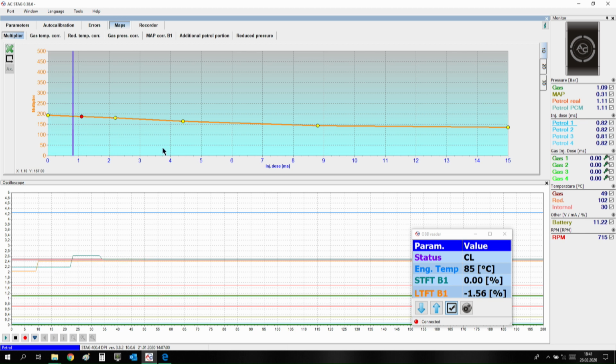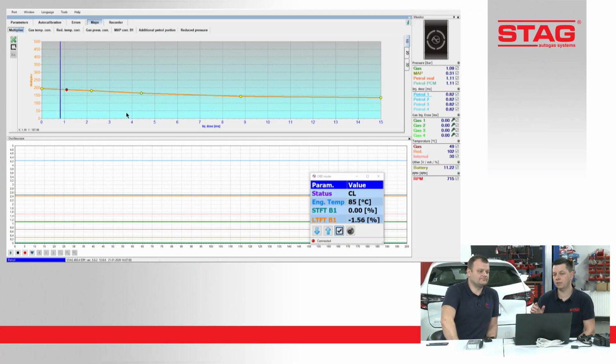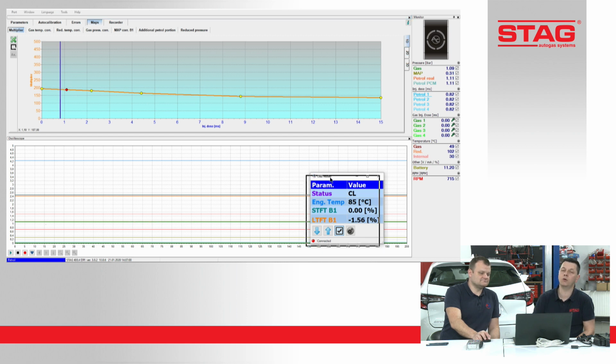Right, and information for the technical guys who just want to start with direct petrol injection and have some experience with indirect or sequential: as you can see, there are no green and blue lines. So if you want to properly set direct petrol injection on Stag 400 DPI, you need to use an OBD reader.